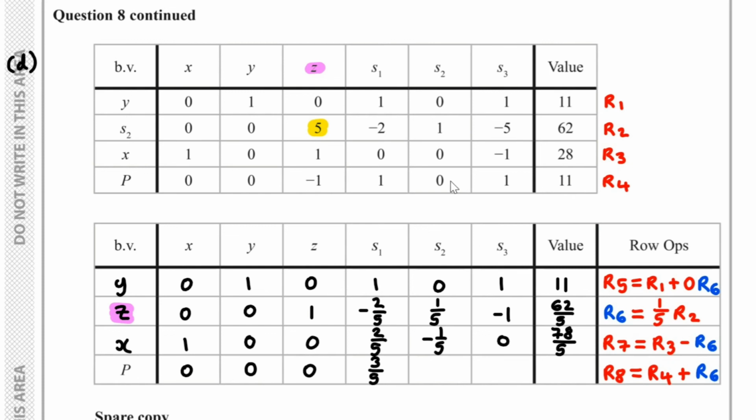And then what I've got here is 0 plus, because I've got plus row 6, so that's going to equal 1/5. And then I've got over here 1 plus minus 1, which is 0. And then I've got 11 plus 62/5, which is 117/5.